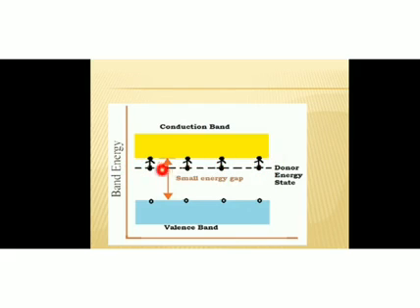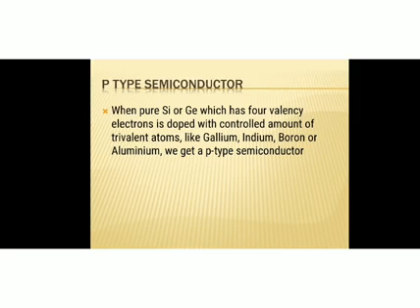A small temperature is needed for the electron to go to the conduction band. This additional energy level is created just below the conduction band. Again, due to the formation of this donor energy state, the energy gap is further reduced, so a small temperature is required for the electrons to move to the conduction band. So that's all about N-type semiconductor.